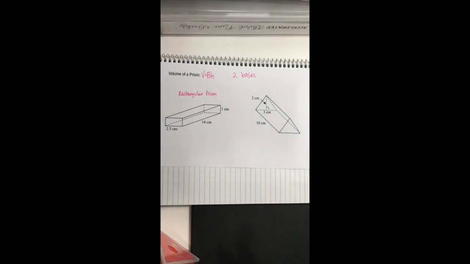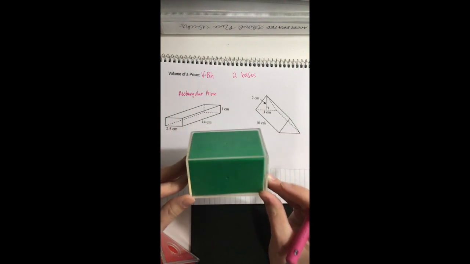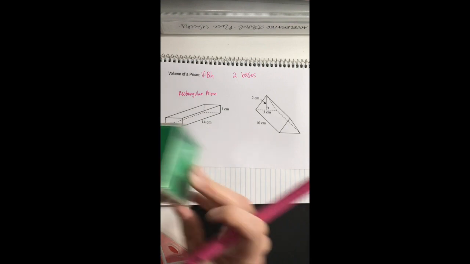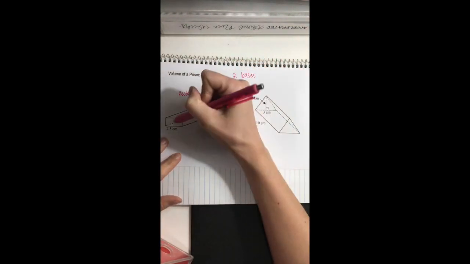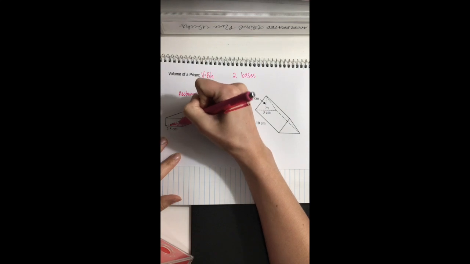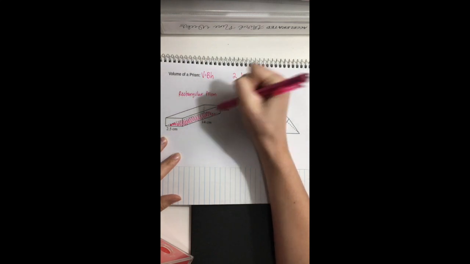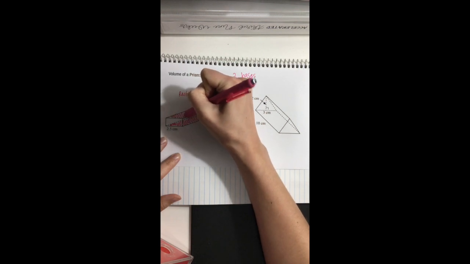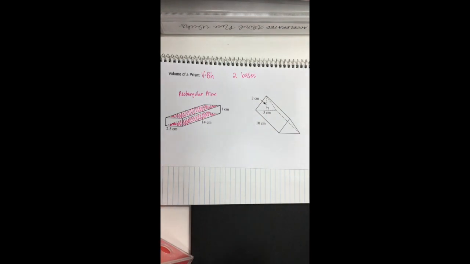So in a rectangular prism, all of the faces are rectangles. We are going to call the top rectangle and the bottom rectangle our bases. So here's the bottom rectangle, here's the top rectangle. Okay, so those are the bases.